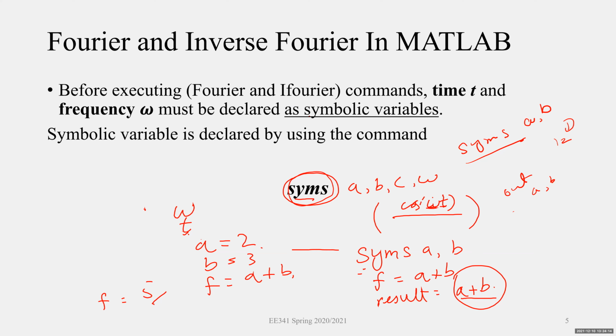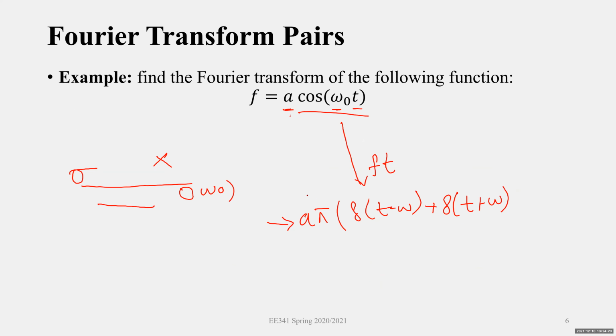That's why I have to define symbolic variables using the command syms. So if I want to take the Fourier transform of f equals a cosine of omega naught t, I have to define these symbols. I will write syms a omega naught.